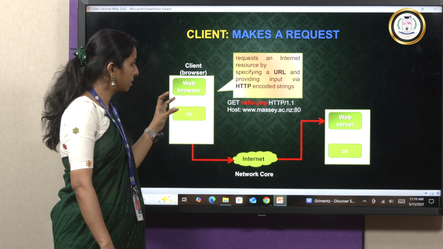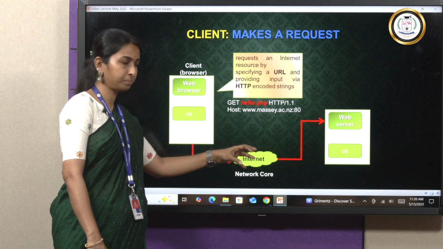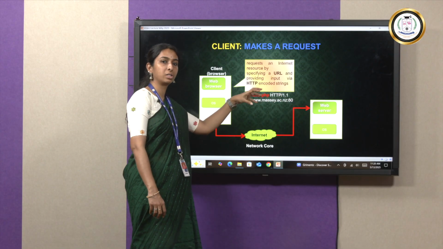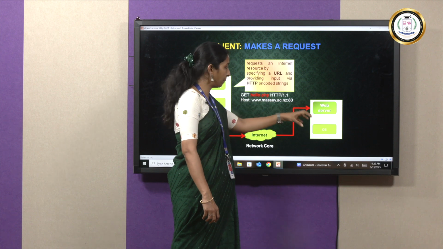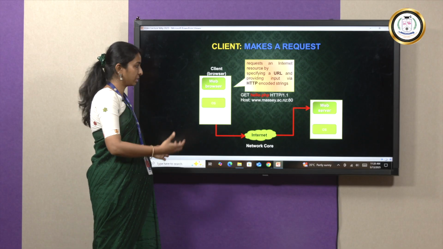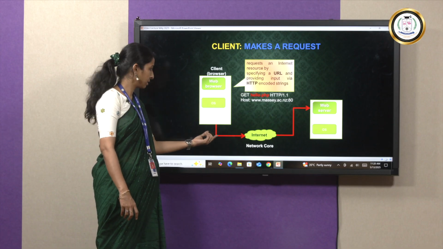Upon receiving this request, it is communicated to the server side via the internet. On the server side we have our PHP scripts running. Upon receiving this URL request from the client, PHP fetches the content and sends the requested data, or the web page requested by the client, back via the internet and it reaches the client.